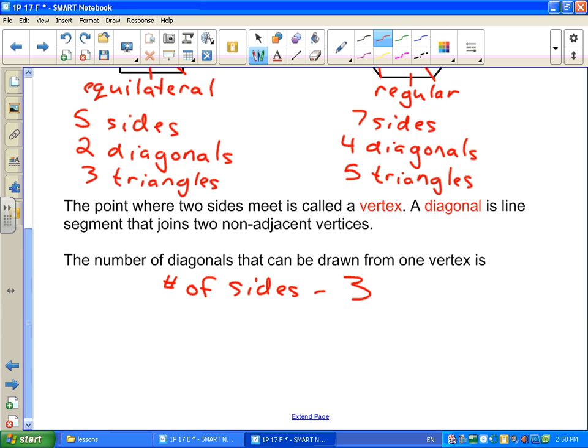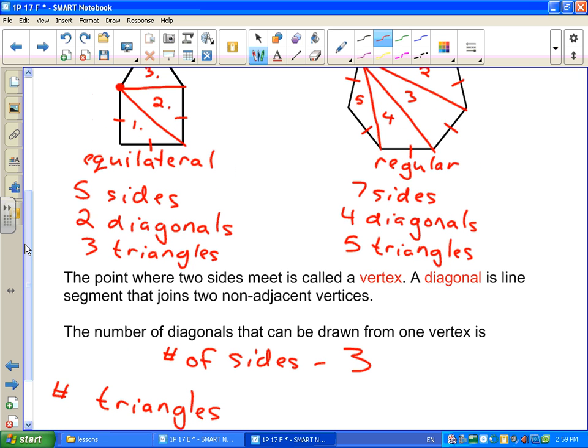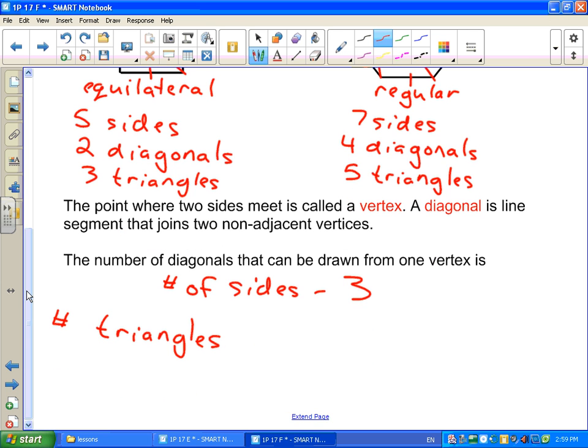Now, how many triangles could I make? Okay? So the number of triangles, let's see, I had 5 sides, and I was able to make 3 triangles. 7 sides, I was able to make 5 triangles. It's the number of sides minus 2.